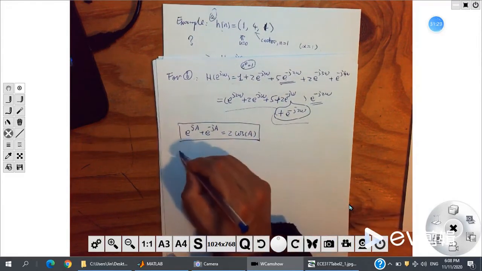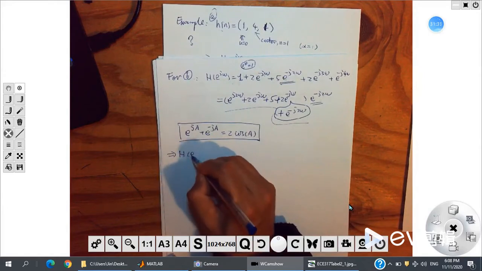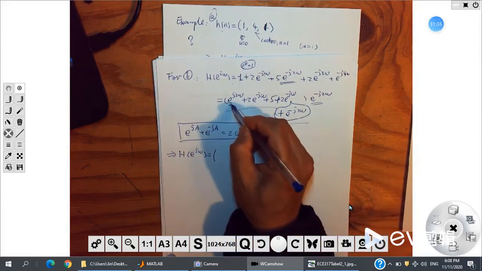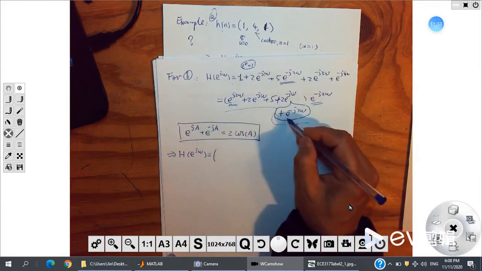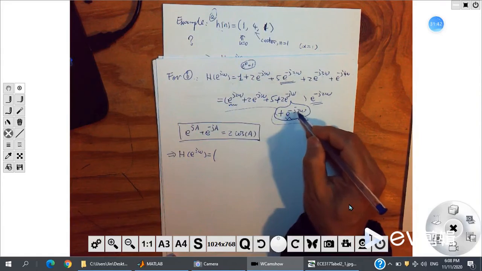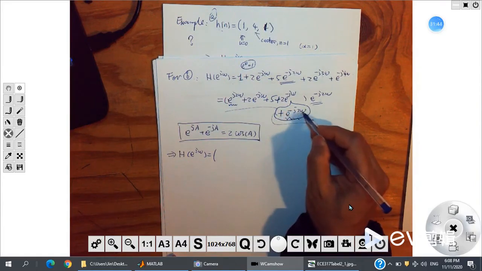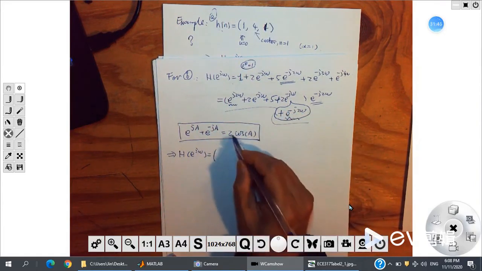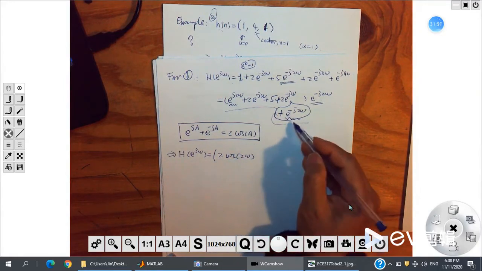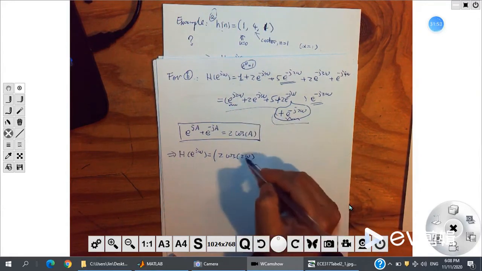So we have H of e to the j omega equal to, okay, you see, here's e to the j some a, where a is 2 omega. Here's also e to the j a with a negative a, right? So here should be 2 cosine of a, where a is 2 omega. These two terms you put together, you get this one.